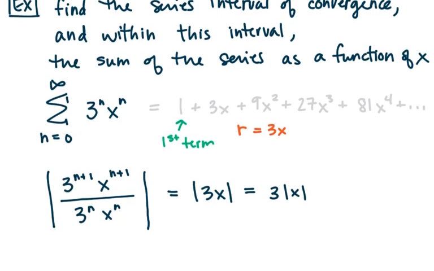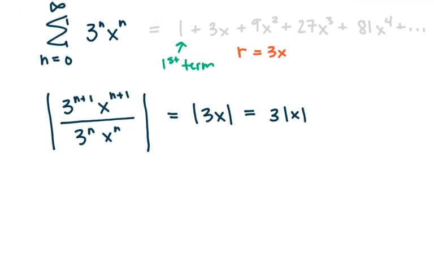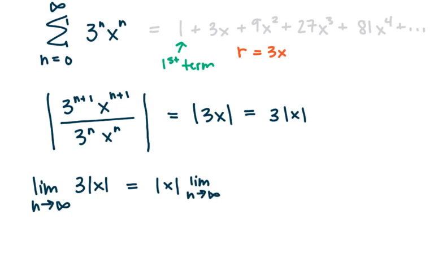And what we want to do with our ratio is determine the limit as n goes to infinity of 3 times the absolute value of x. Now this limit is dealing with n, not x, so I can pull the absolute value of x out in front of the limit. I've got the absolute value of x times the limit as n goes to infinity of 3. And that limit, because it's constant, goes to 3.